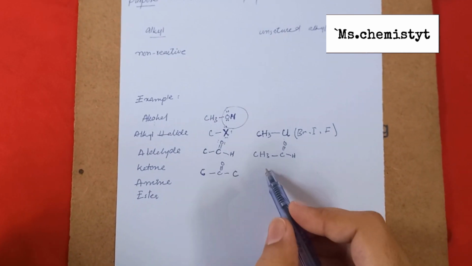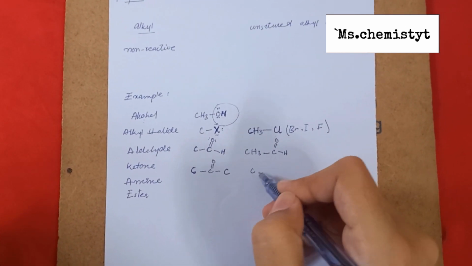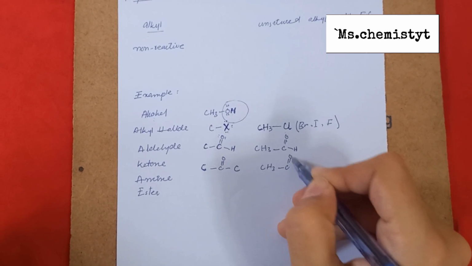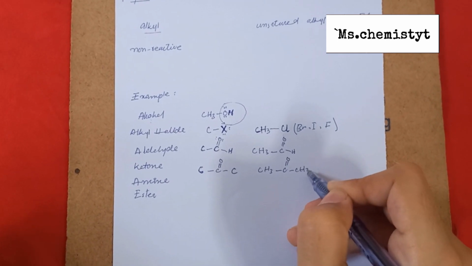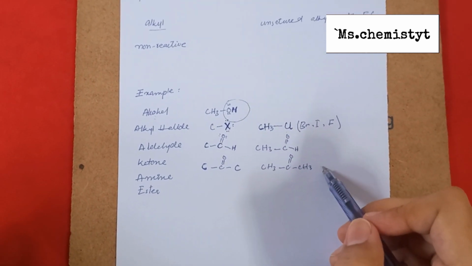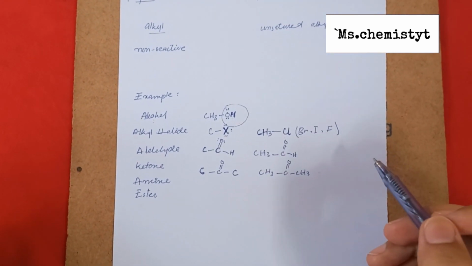If I write the example of ketone, it is called acetone or propanone.